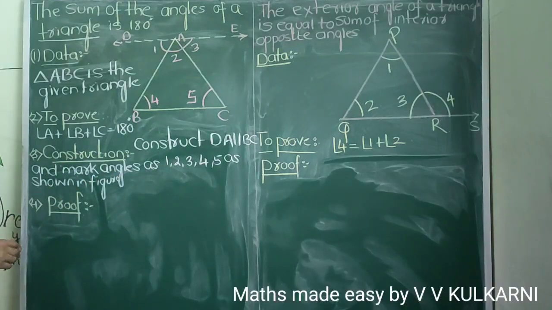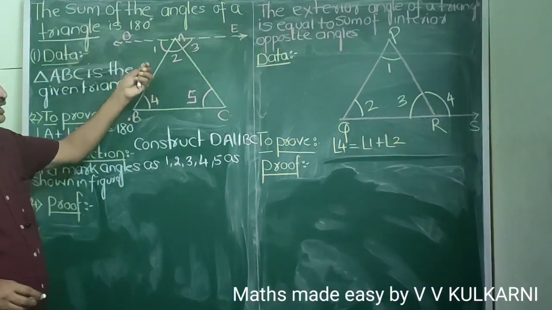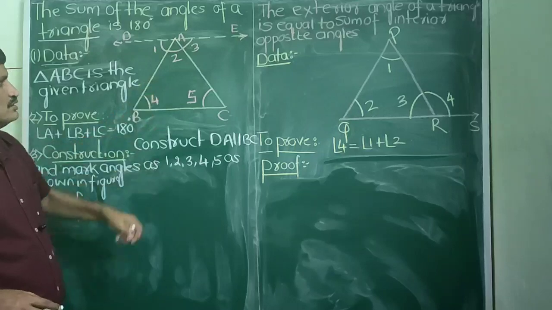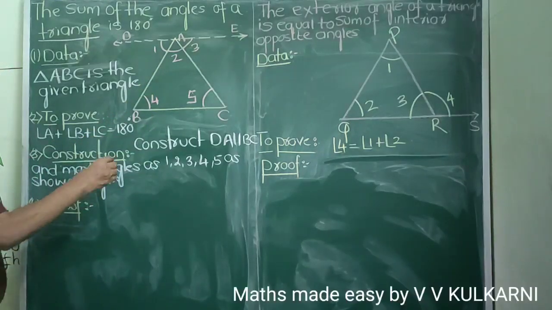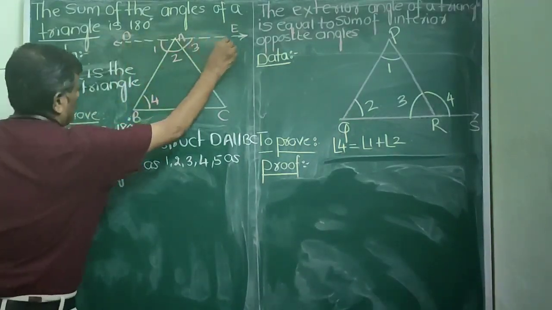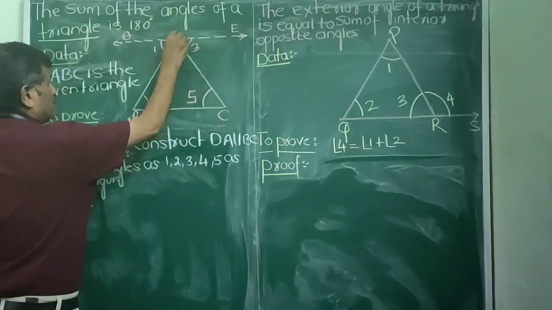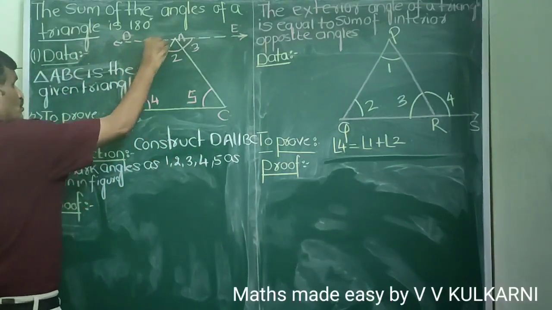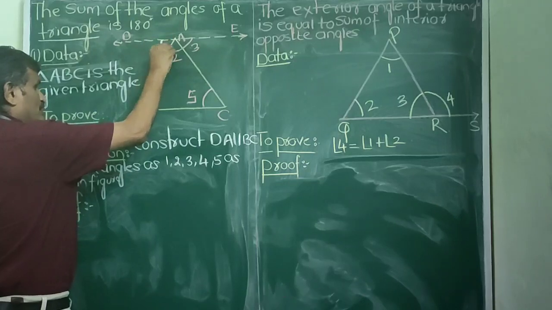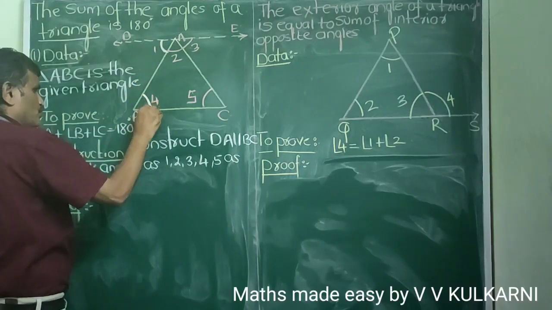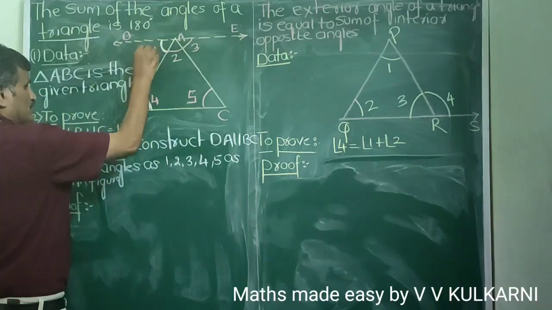Now, in order to prove the theorem, I am taking the help of these things. DA is parallel to BC and AB is the transversal. So this angle 1 and this angle 4 will be alternate interior angles.